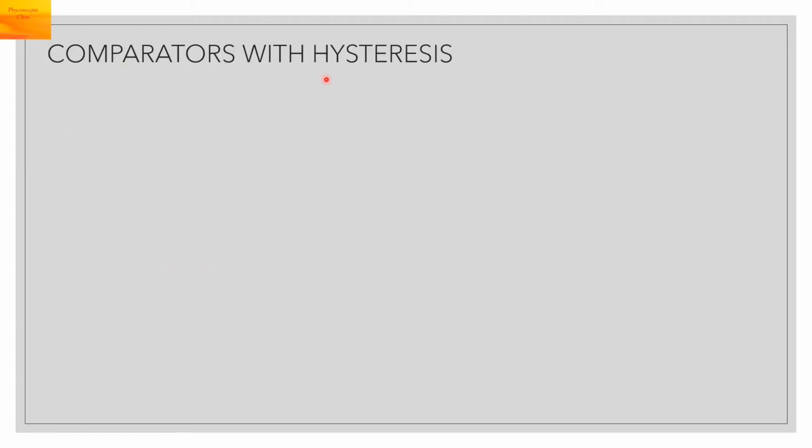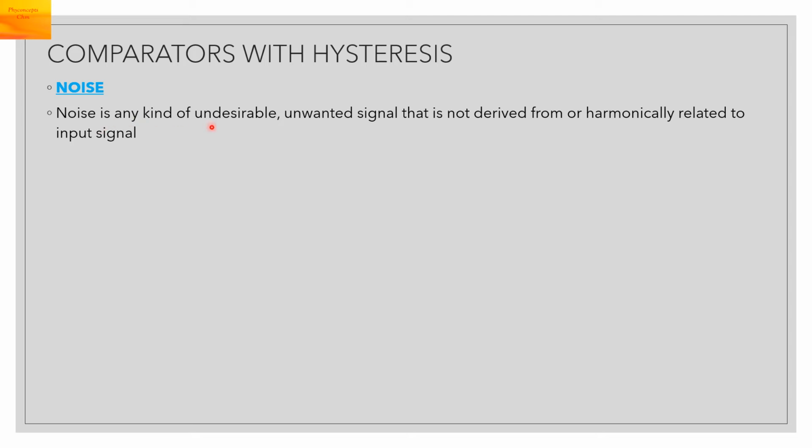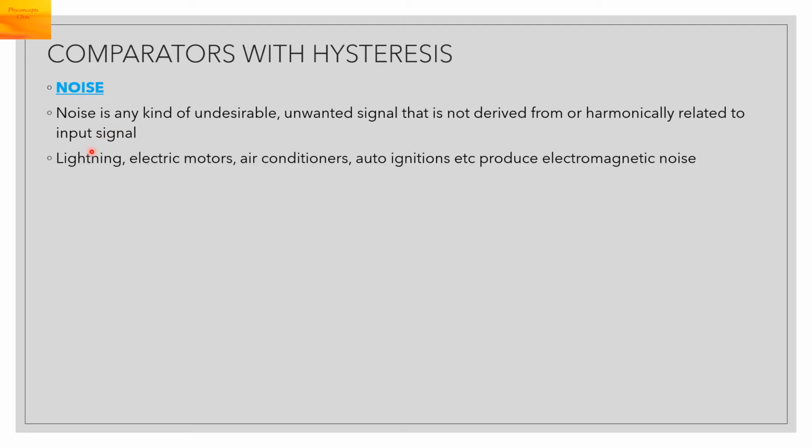Now comparators with hysteresis. We will first talk about noise signals. Noise is any kind of undesirable, unwanted signal that is not derived from or harmonically related to the input signal. So it can be like lightning, electric motors, air conditioners, they can produce electromagnetic noise.